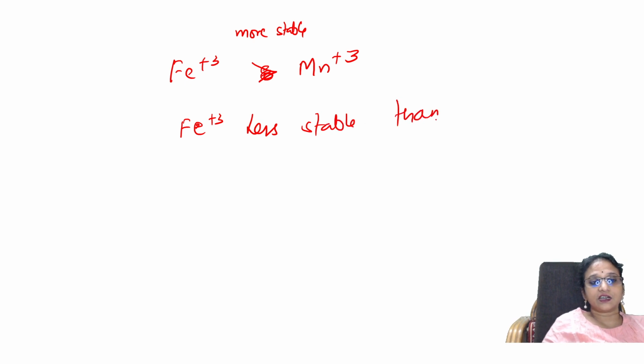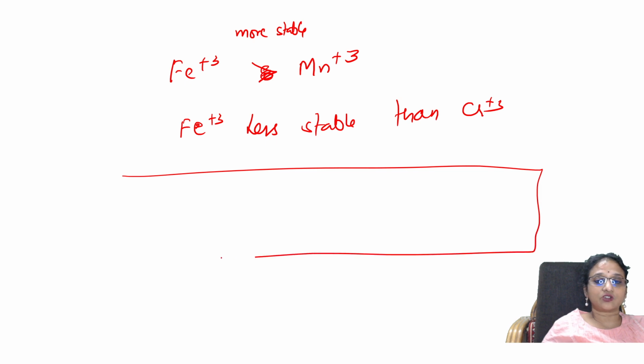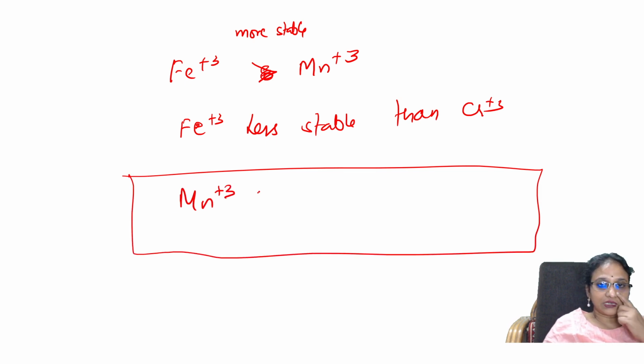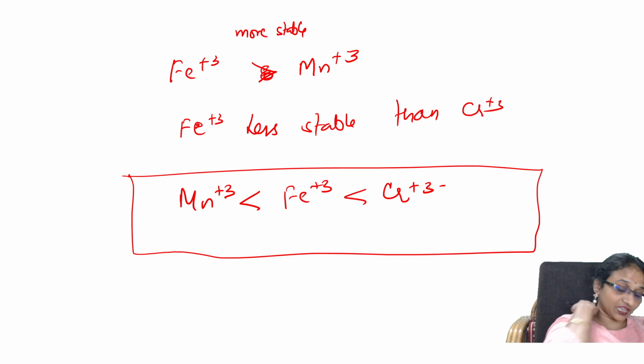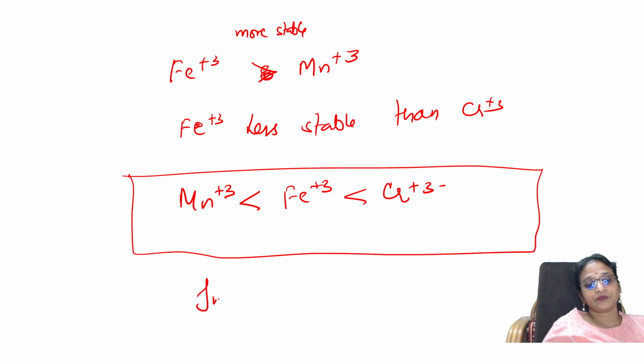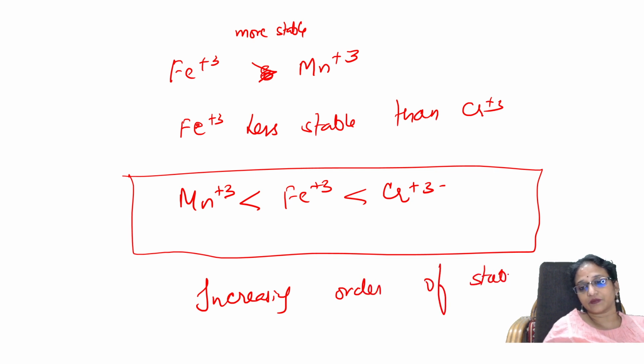So what is the increasing order, students? Seeing the electrode potential: Mn3+ is less than Fe3+ is less than Cr3+. Increasing order of stability. Alright, students, seeing the electrode potential.